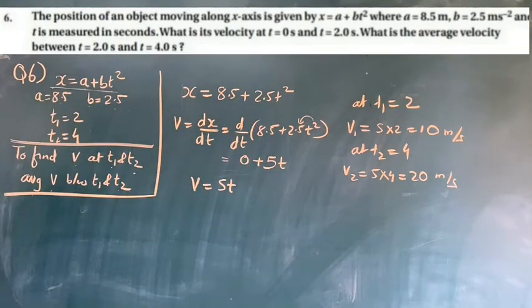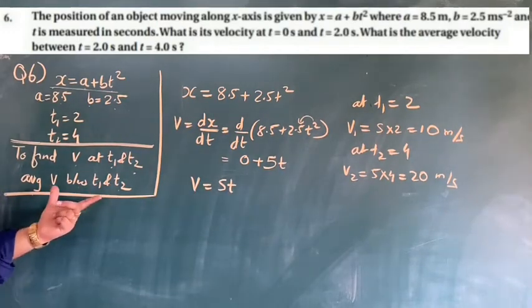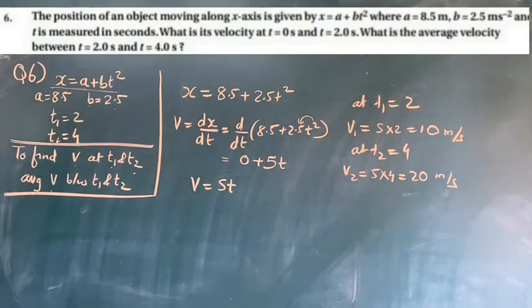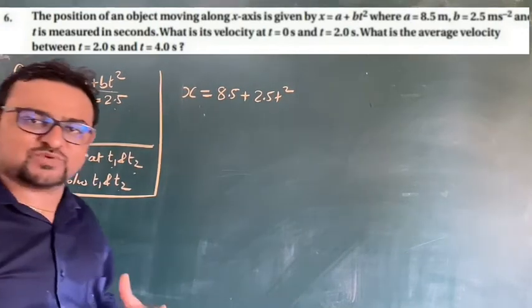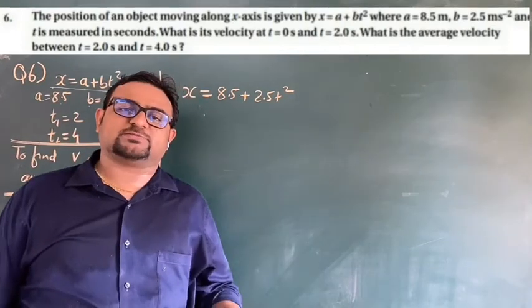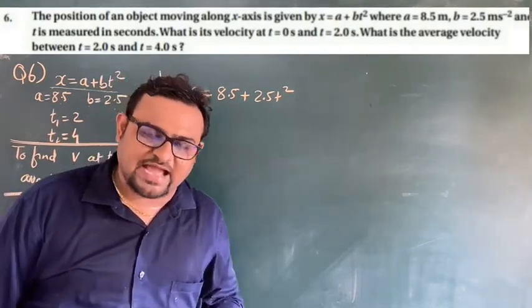Okay, so just note down this, then we will solve the next one. Now we have to find out the average velocity. The formula for average velocity is total displacement upon total time.